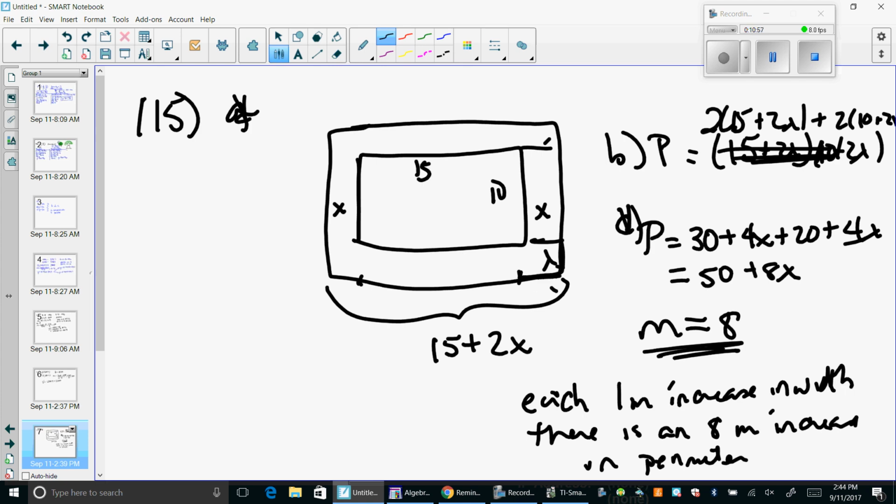I'd have to add 2 here, 2 on this corner, 2 on this corner, and 2 on this corner. So every time you add another foot, you're adding it in really 8 places, here and here, here and here, here and here, here and here. So there's 8 places you'd end up having to increase that perimeter. And that's why every time the width of the walkway goes up by 1, the perimeter would go up by 8.